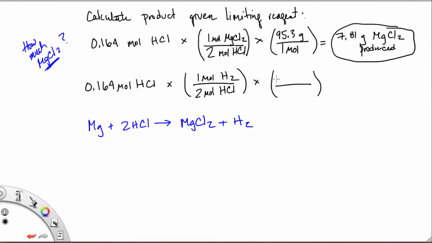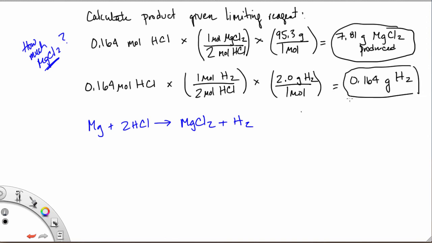I need to convert to grams. The molar mass of hydrogen is 2.0 grams in a mole. These guys will end up canceling each other out, so I end up with 0.164 grams of hydrogen that's being produced. So now, just by identifying the limiting reagent, I was able to figure out how much of both products I was able to produce.